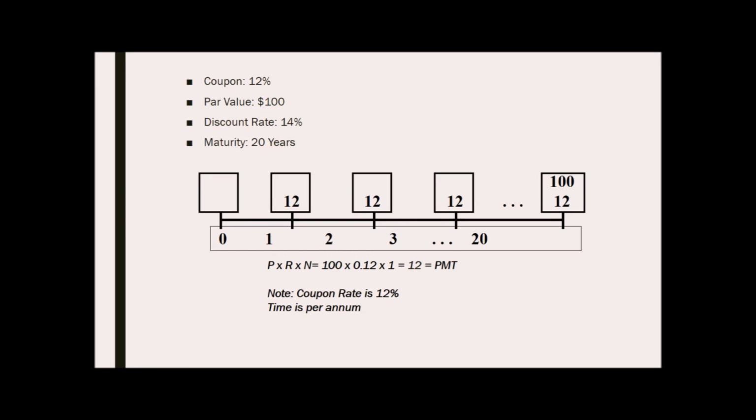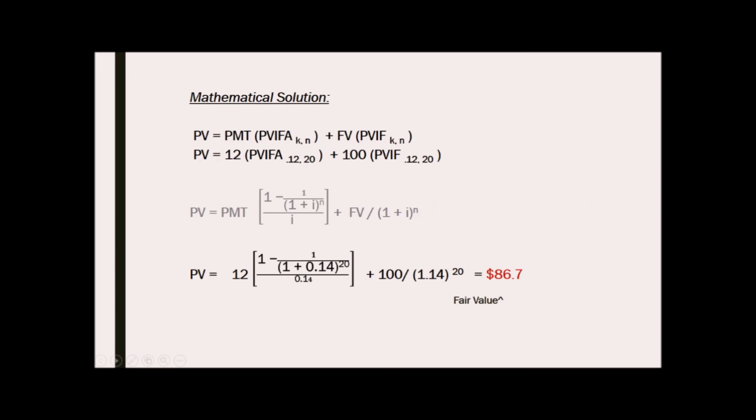We can get the PMT, or interest per period, by multiplying the par value, coupon rate, and the number of periods. In this case, P times R times N is equal to 100 times 0.12 times 1 equals 12, which is the PMT. Now, let's put it in the mathematical formula that was shown previously.